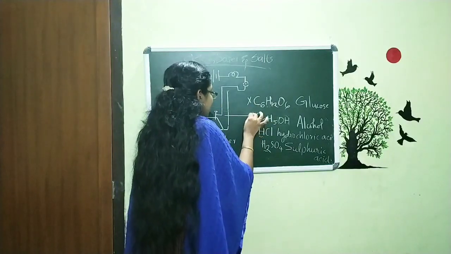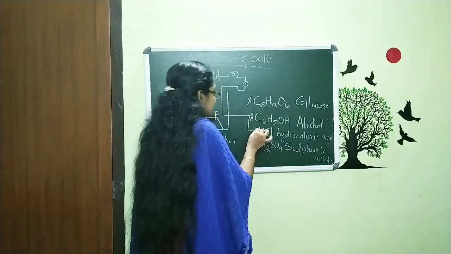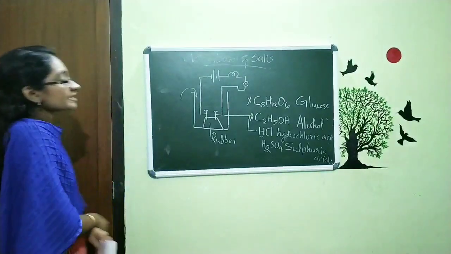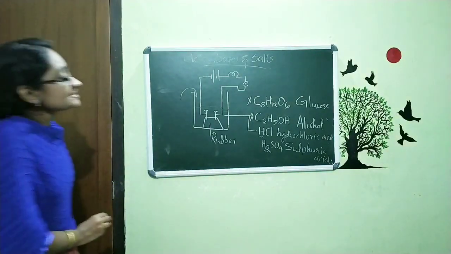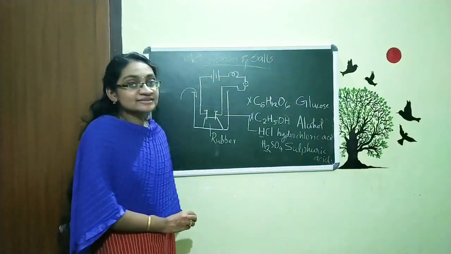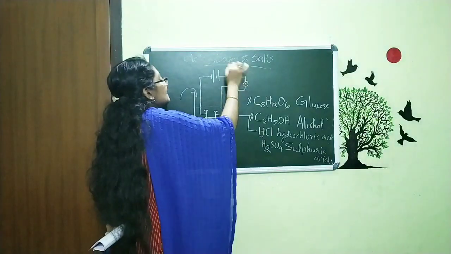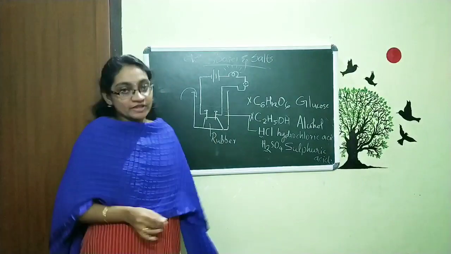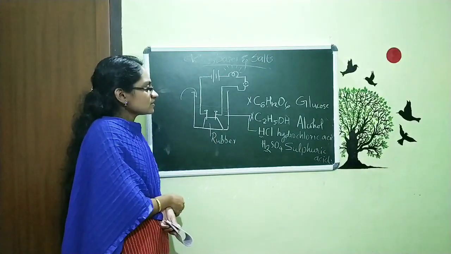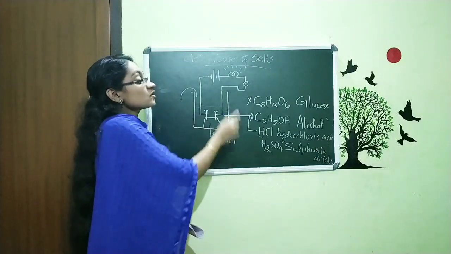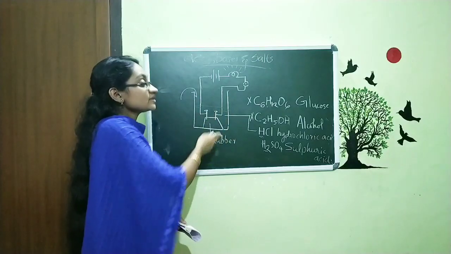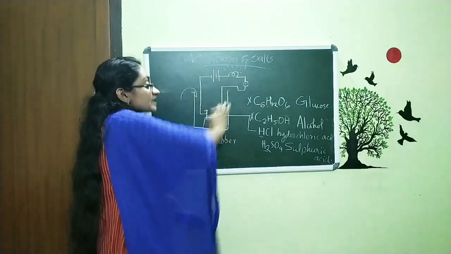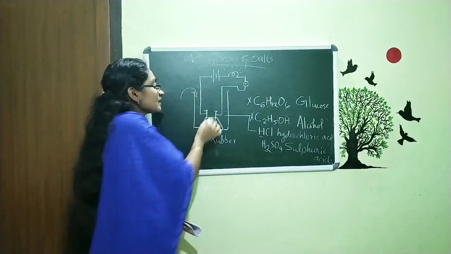Now we repeat this experiment with HCl, hydrochloric acid. And this time when you observe, you can see that the bulb is glowing. That means in the case of hydrochloric acid, the circuit conducts. What is the meaning here?